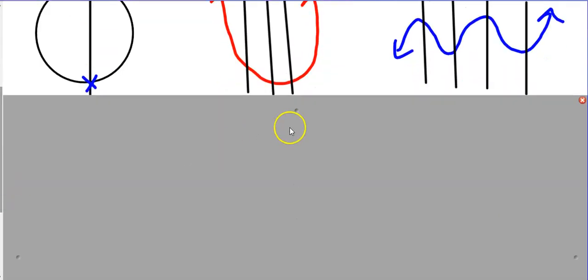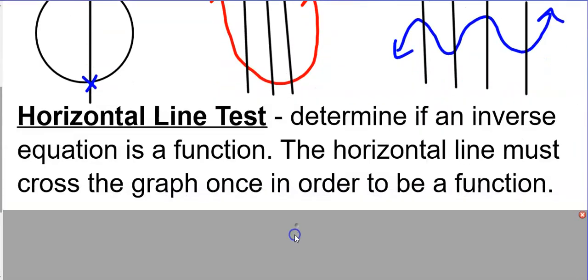So is it really a function? Here's what we're going to do. The vertical line test was for telling if an equation was a function. Our horizontal line test is actually for telling if an inverse equation is a function. So we do a horizontal line, and it must cross the graph at only one place for the inverse to be a function.